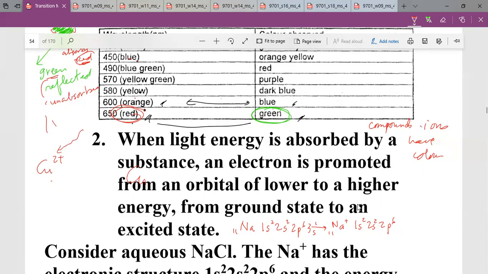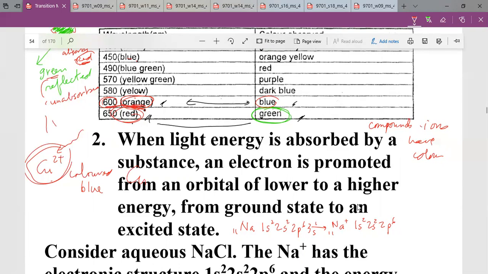These are colored. If they're colored, that means they must have absorbed some part of the frequency of your white light and reflected the color, which is the blue color. So if they reflect blue color, that means they must be absorbing orange color, this wavelength. So what happens in this ion when it absorbs this wavelength?